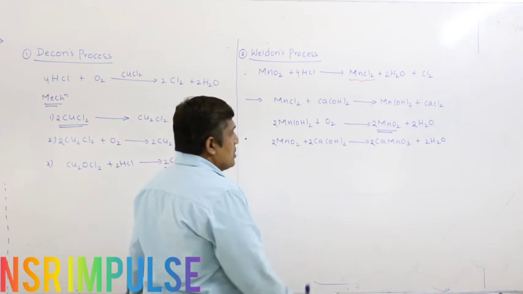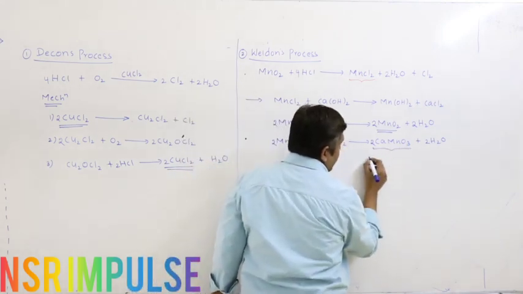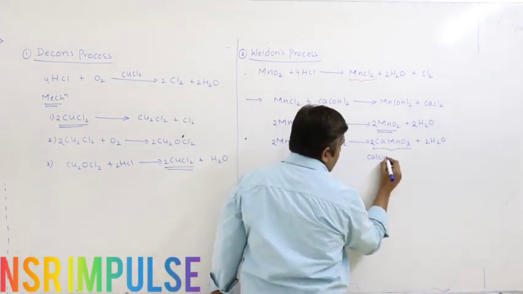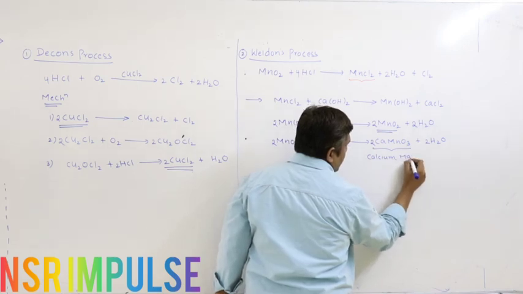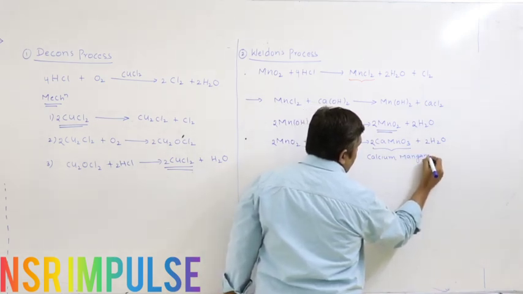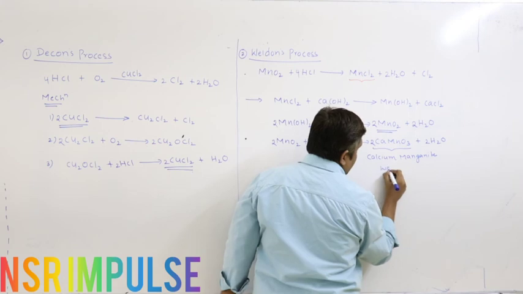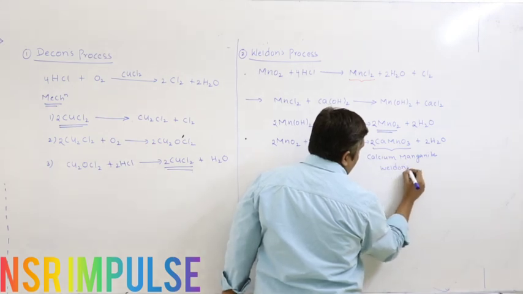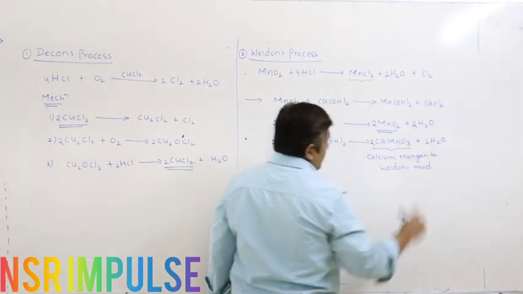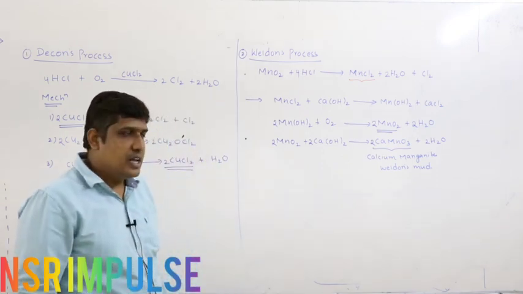It is balanced. So this is called calcium manganate. This is also important bit, called as Weldon's mud. This can also be used as oxidizing agent.